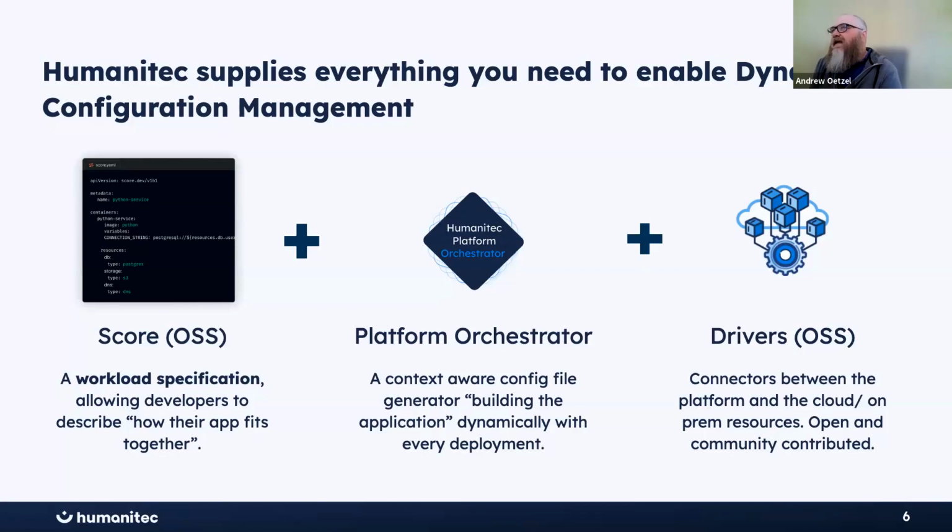And so what the platform team or your ops team is going to be doing is they're going to say, oh, okay, so I know my developers are going to need a Postgres database. I've decided I'm going to be using Cloud SQL on GKE. So I'm going to set up the Cloud SQL driver so that it will connect to the correct Cloud SQL instance for my developers. And so the platform team sets up these definitions.